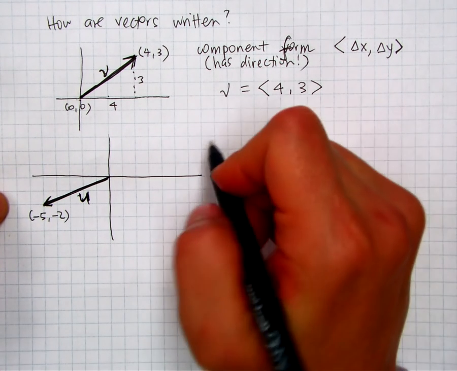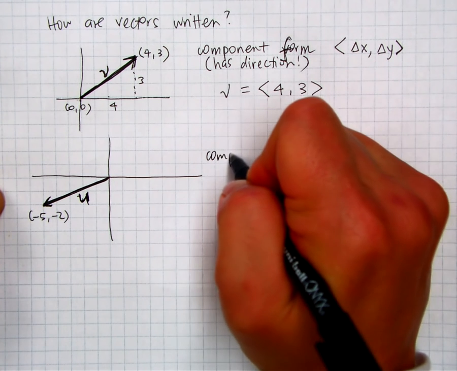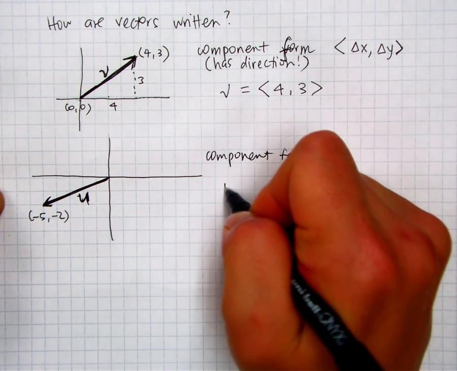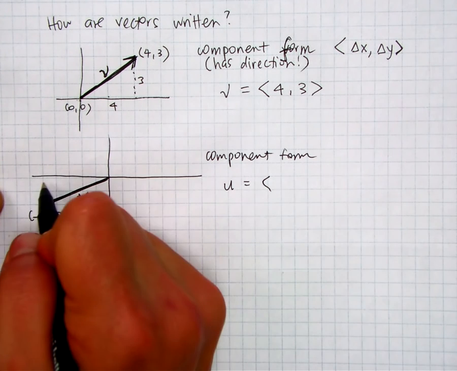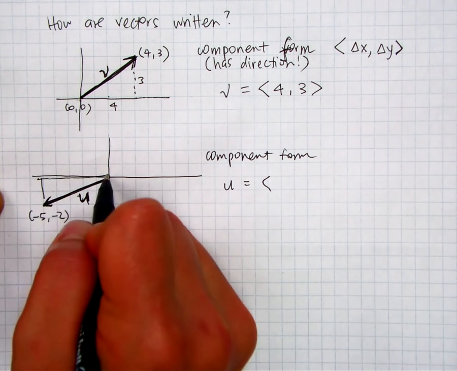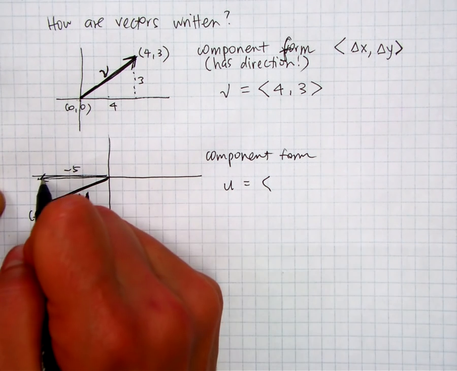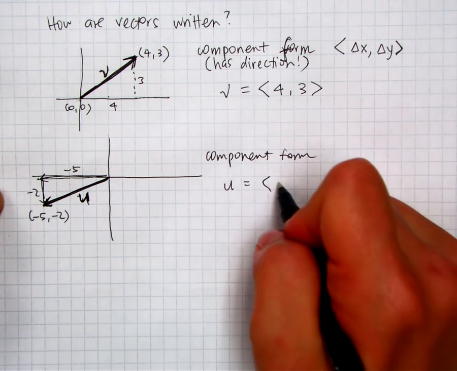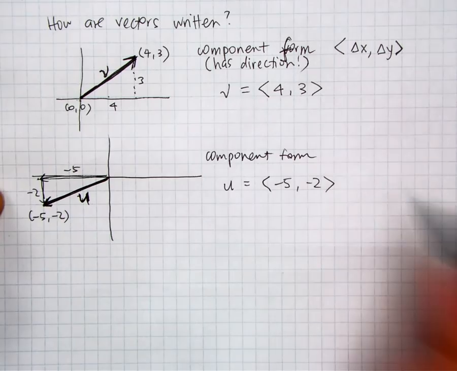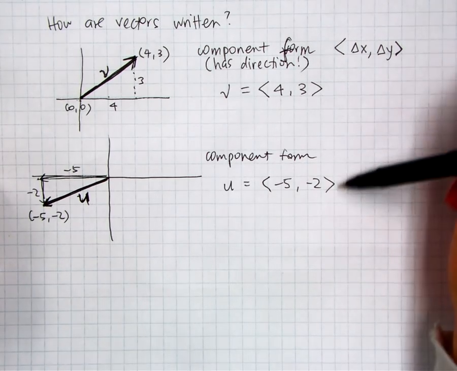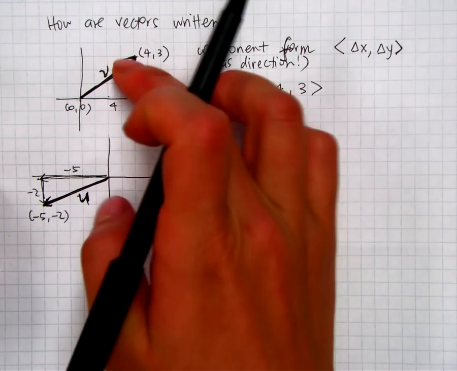The component form for this vector u is -5, because I went in this direction, -5, and the change was down 2. So ⟨-5, -2⟩. Yes? So those are what we call the component forms of each of these vectors.